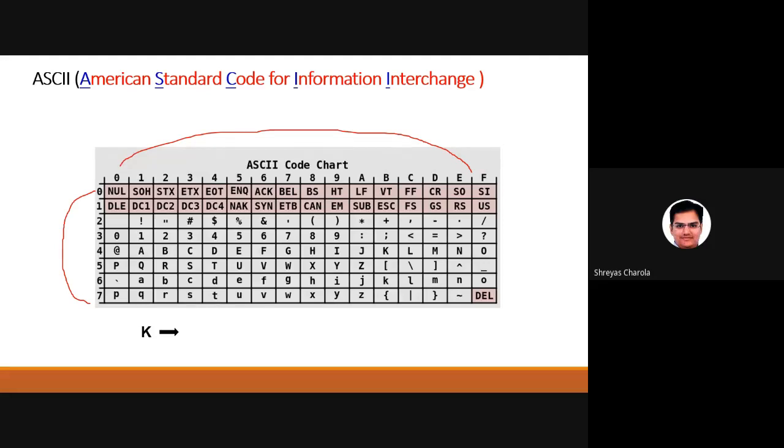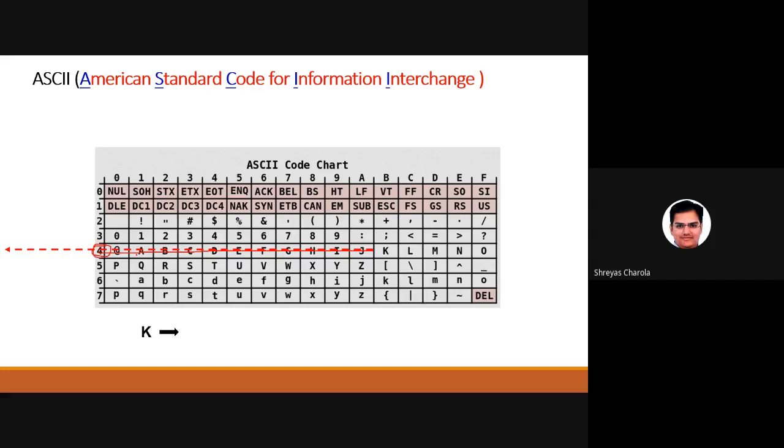Okay, 7 is 3 bits and F is 4 bits. Good, Divya. So whenever you press any alphabetical key, what happens is it goes to K, which row and which column.